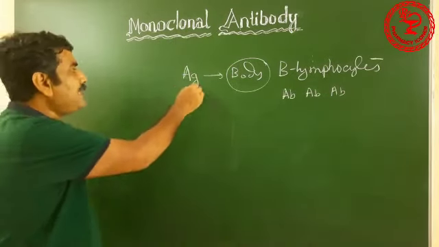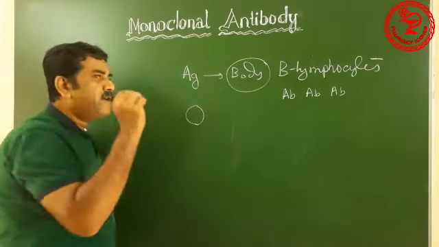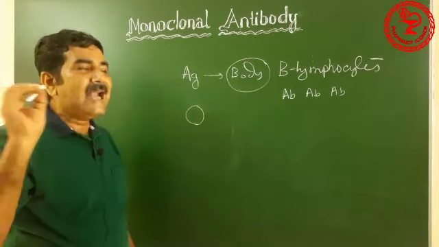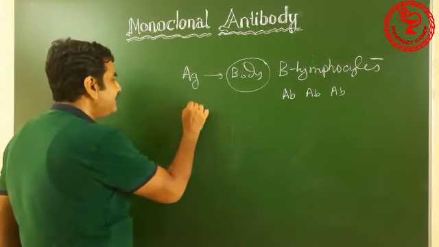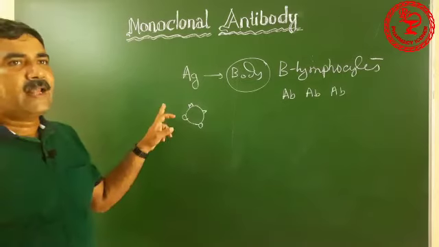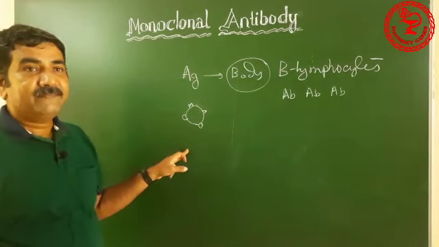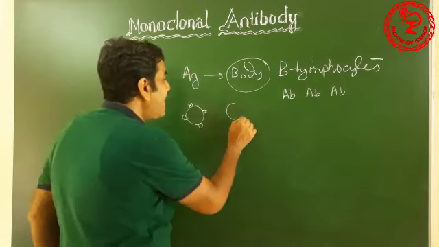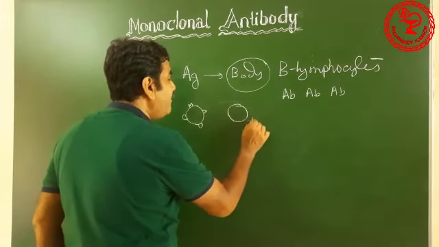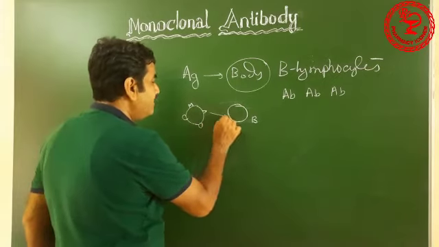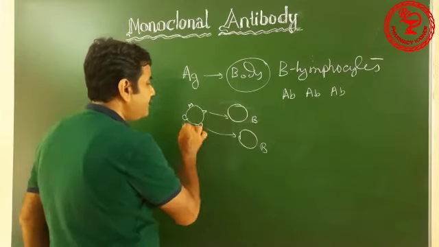Now these antigens generally have multiple antigenic sites. Antibodies are produced against each of these sites. For each one, a B lymphocyte will be involved.